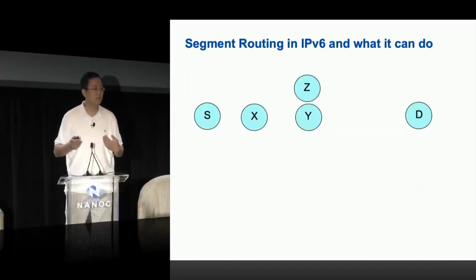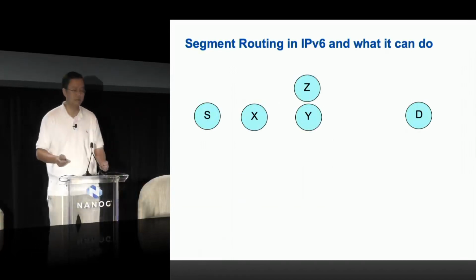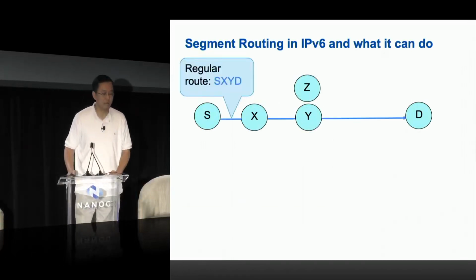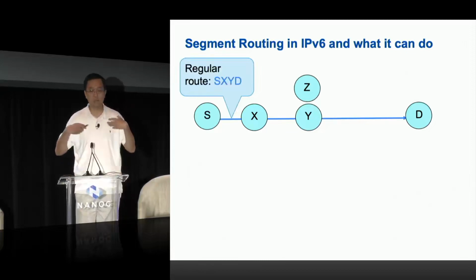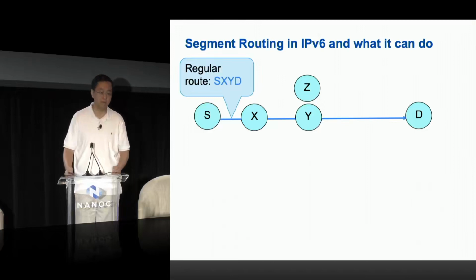So how does that work? Just very simply. Say the original path from node S to D goes through X and Y, right? If you just say source is S and D is the destination, then this will be the path that the packet would follow.